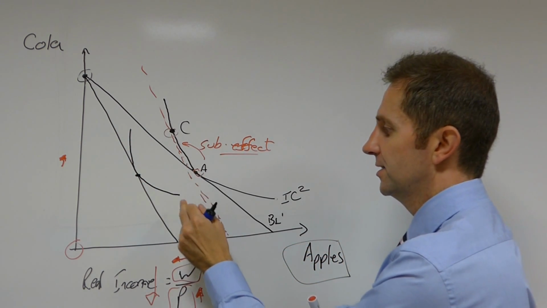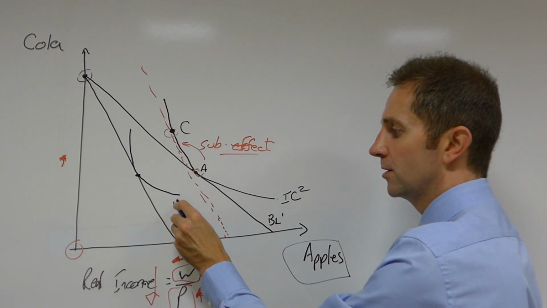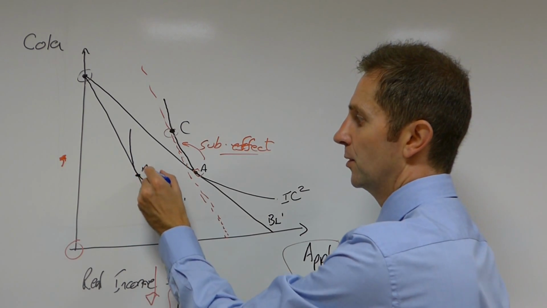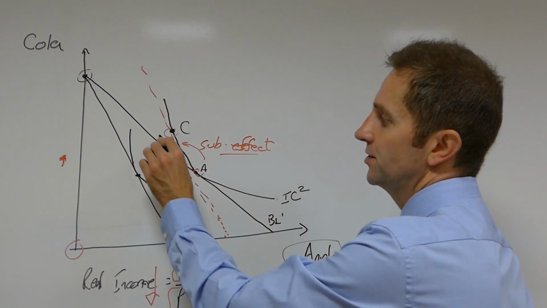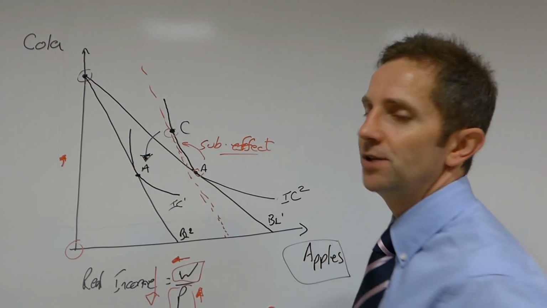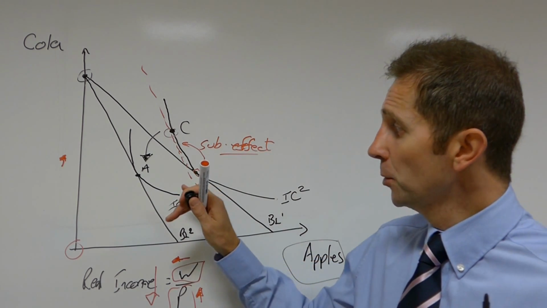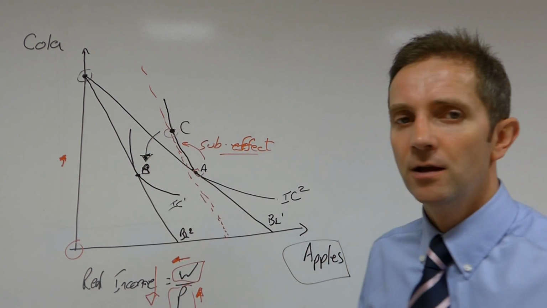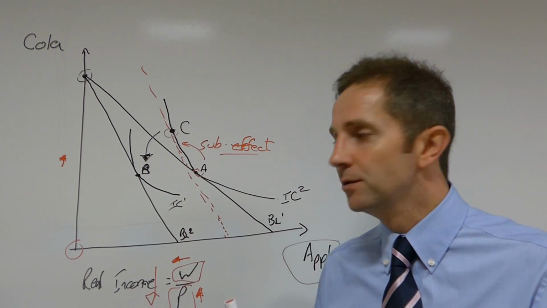Now remember, this is indifference curve 1 rather than 2 because we're moving back toward the origin. So this is indifference curve 1 and this is point A. So what's happened here, ladies and gentlemen? We've moved from C to point B. What's happened?